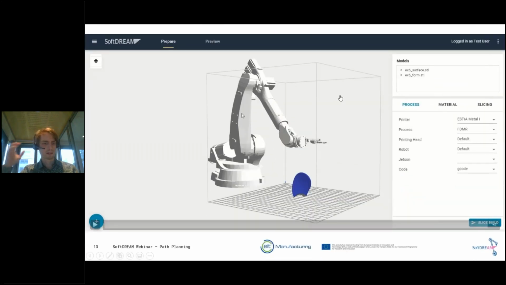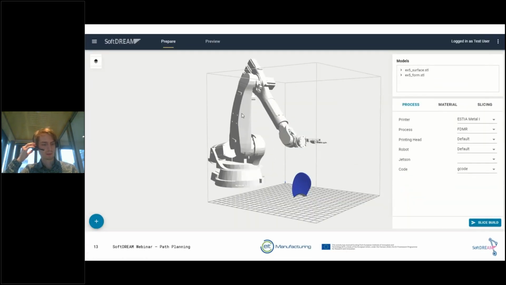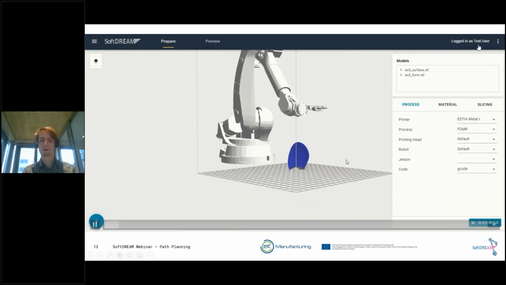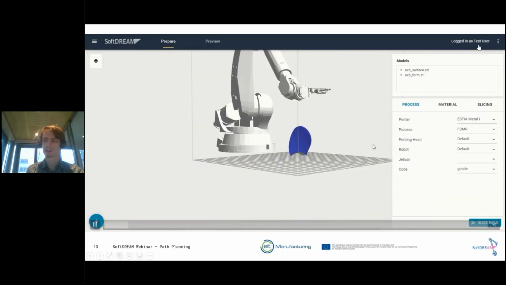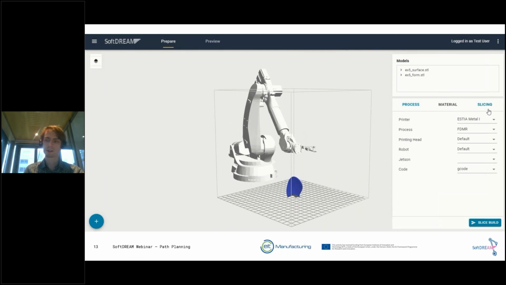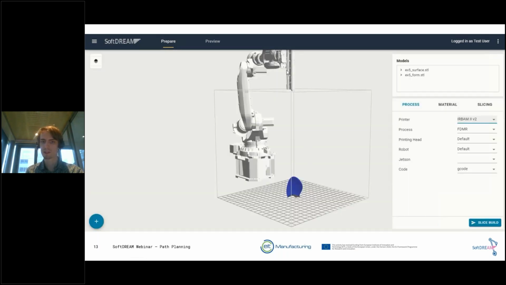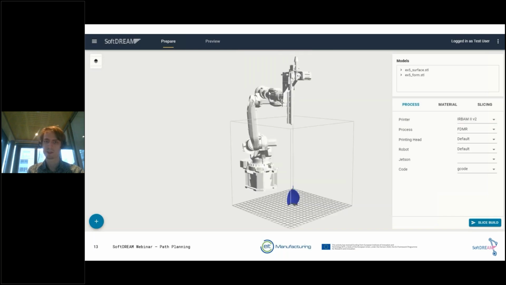And to show you a little bit about what this looks like in real life, this is a view of our user interface as it looked like about a month ago, where we have the possibility to configure different types of robots with different types of process tools.